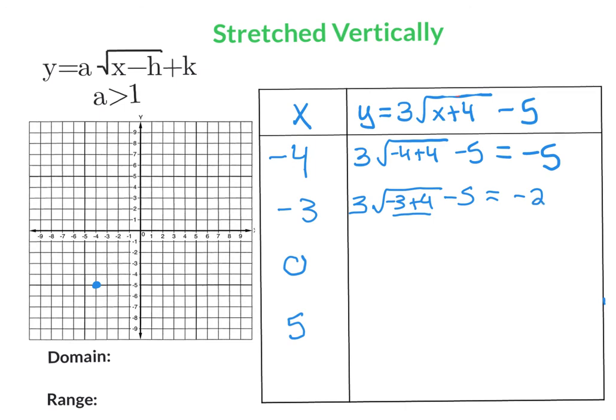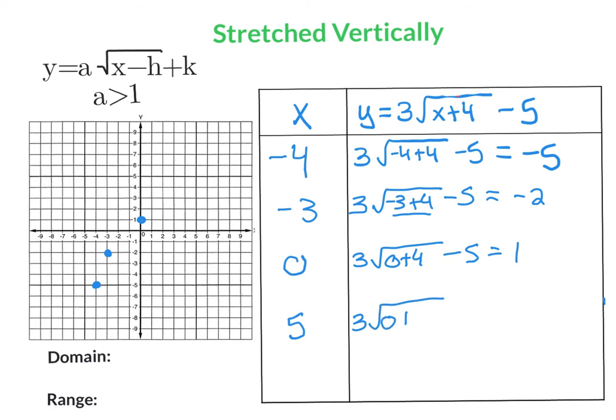So (-3, -2). All right, 3 times the square root of 0 plus 4, minus 5. 0 plus 4 is 4. Square root of 4 is 2. 2 times 3 is 6. And 6 minus 5 is 1. So (0, 1).